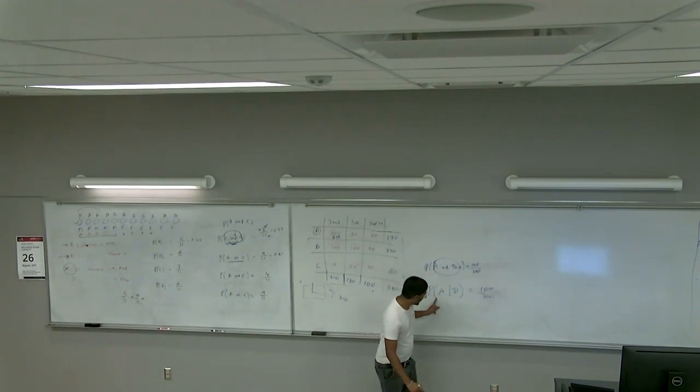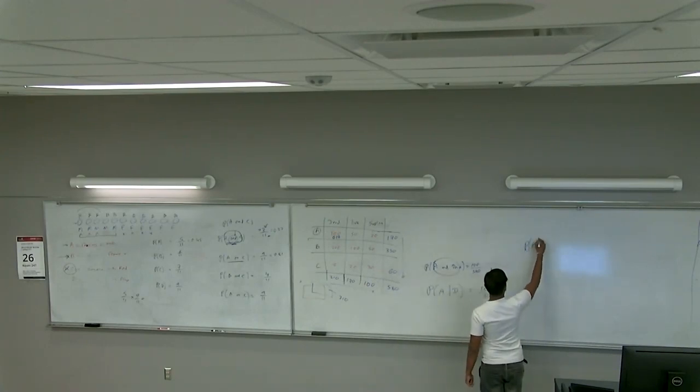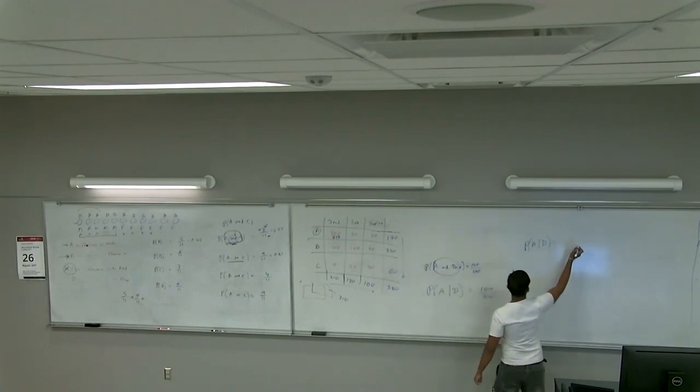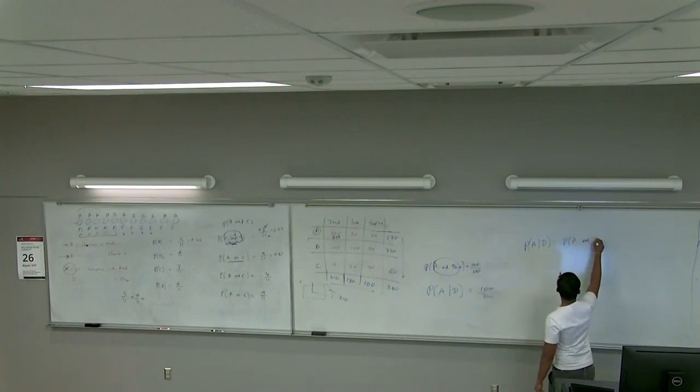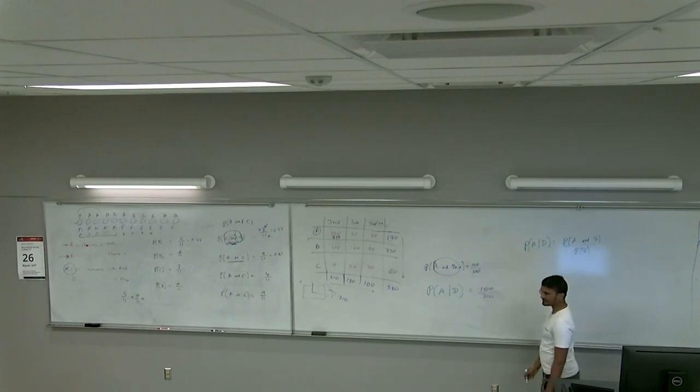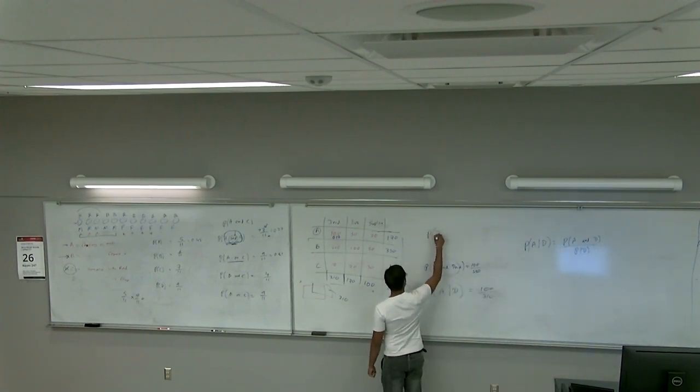Okay, so you can even use the formula. Probability of A given D is equal to probability of A and D divided by P(D). Right? Now let's calculate P(D). What is P(D)?